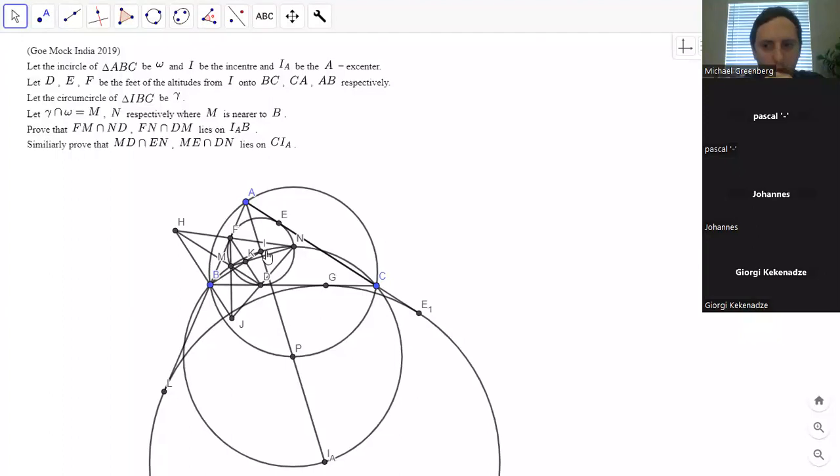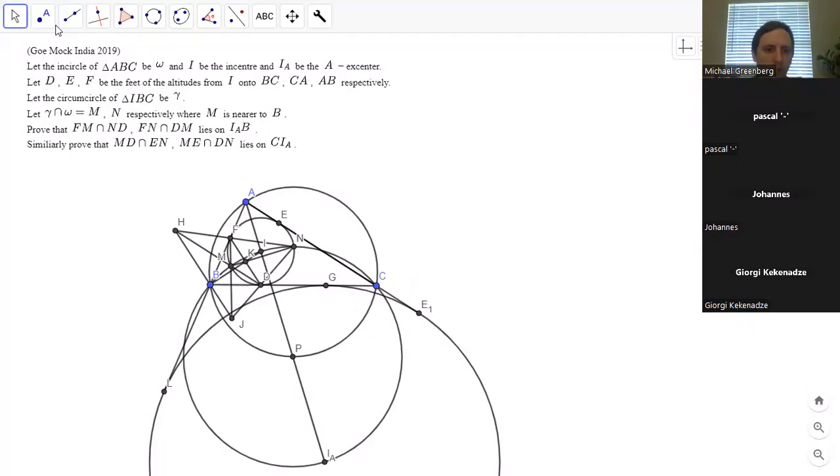Oh, I think I have a proof. We know that MIA and NIA are tangents because IIA is the diameter of that circle, so that's right angles. They're tangents to the small circle. So this point K also lies on the polar of IA. That's K, MN. So K lies on the polar of IA.